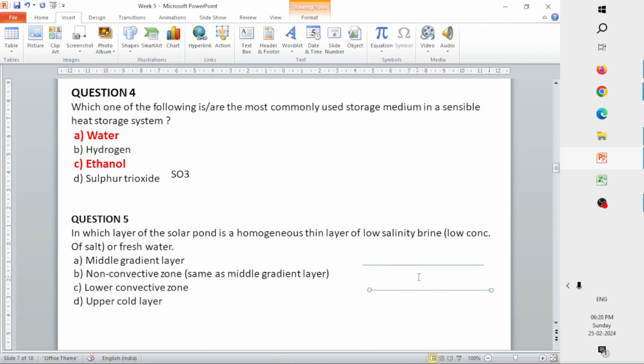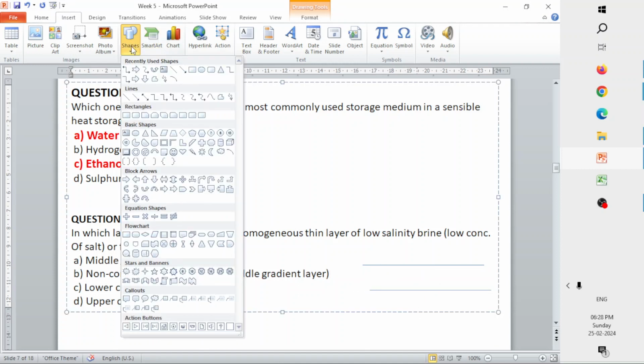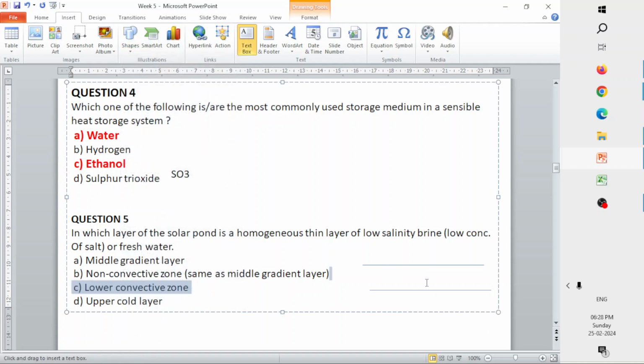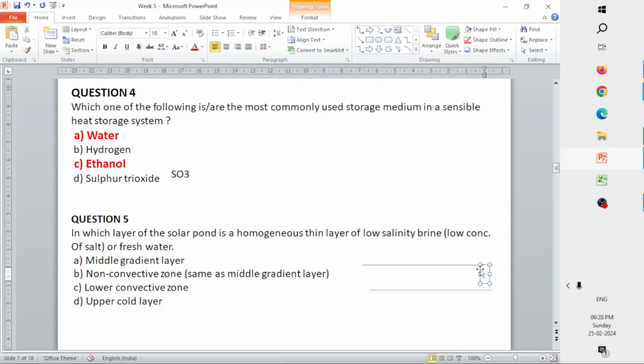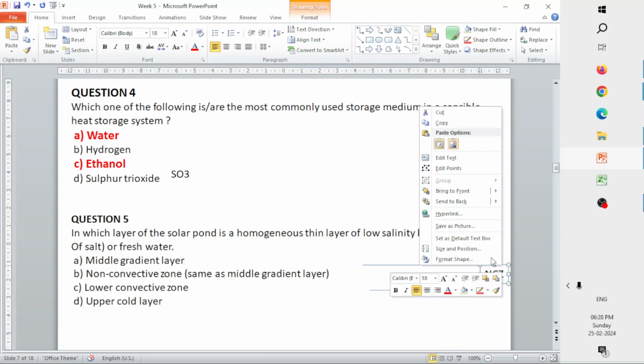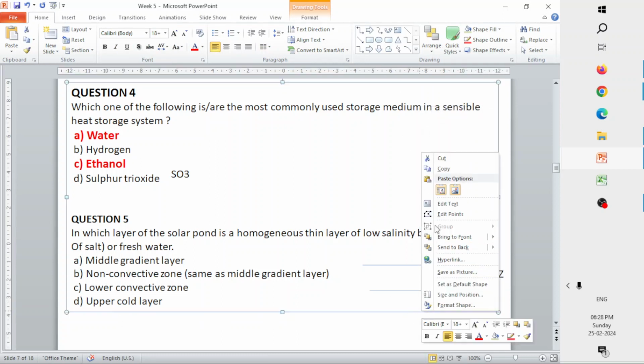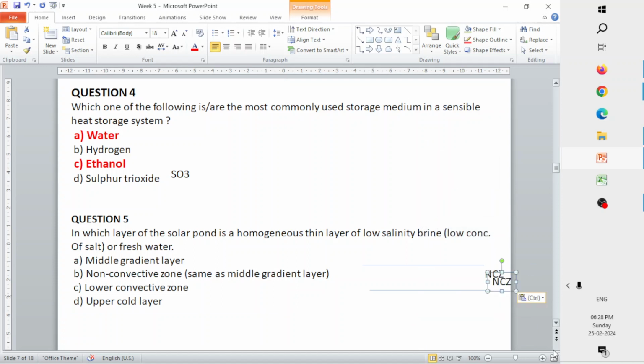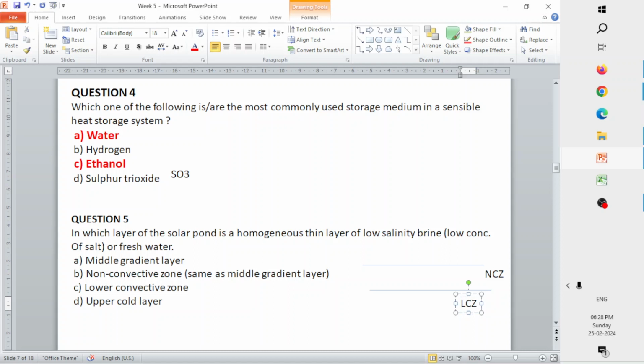Here, if you take this as UCZ and NCZ, this is NCZ, and similarly this is your LCZ. The concentration of the salt in this particular line, if you see, will be more.